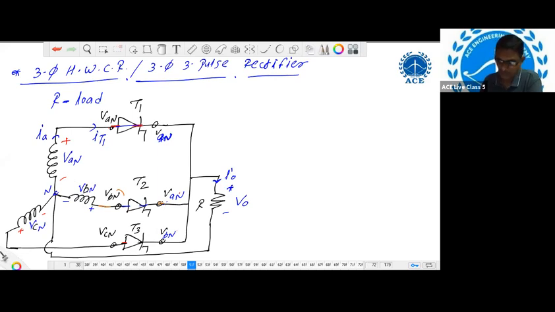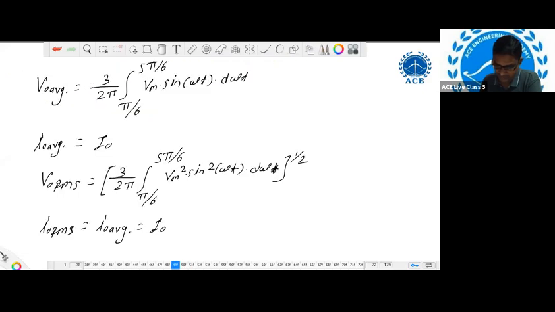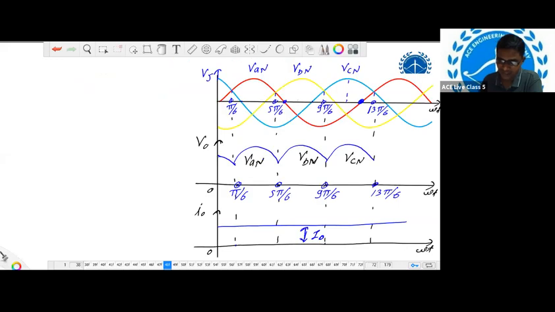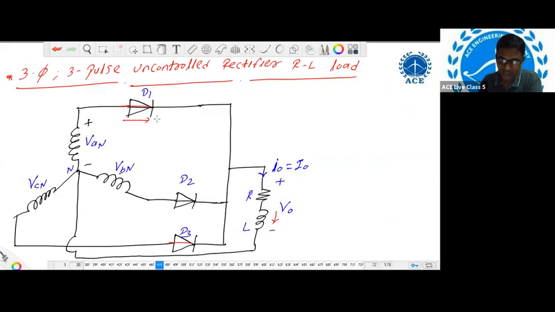For the three-phase uncontrolled diode rectifier, the respective diode will be in conduction if the voltage across it is higher compared to the other two diodes. So from pi by 6 to 5 pi by 6, that is for 120 degrees, diode D1 will be in conduction, and the output voltage is equal to VAN.